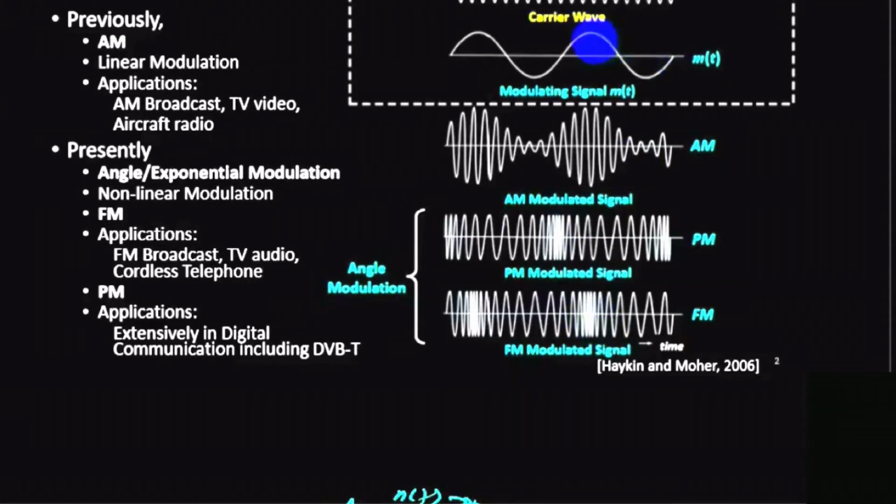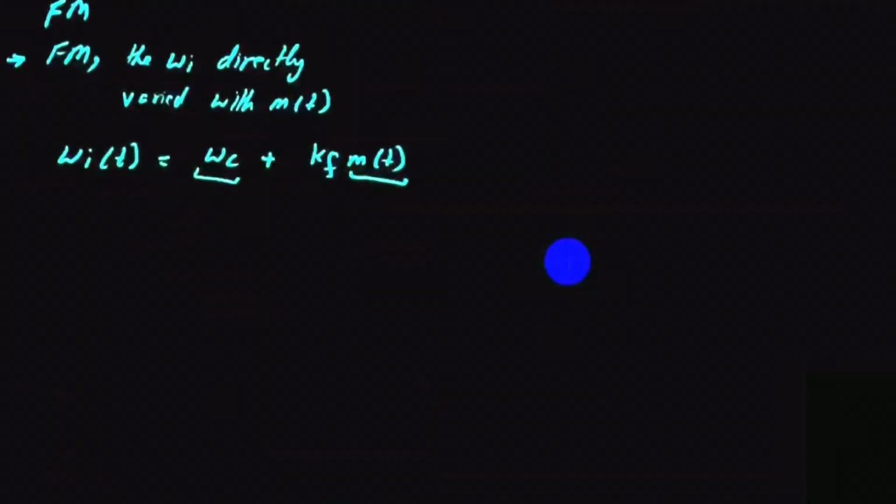If we reach a peak, how much increase in frequency should there be? And if it reaches a negative peak, how much decrease in the frequency should there be? This is basically governed by the constant kf, right? So this is our angular frequency.